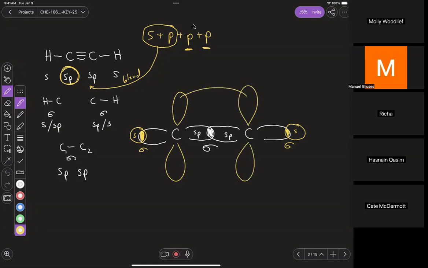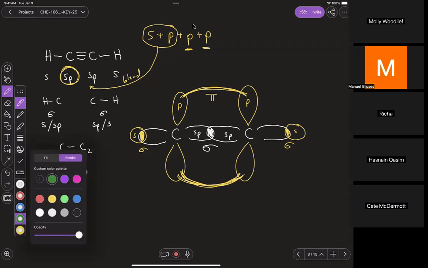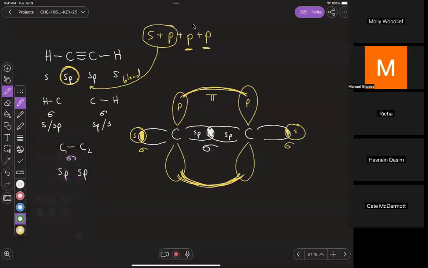So here's one p orbital. It's going to overlap above and below the plane of that sigma bond. So there's one pi bond, p orbital to p orbital. The next one's going to be a little bit harder for me to draw, because it should be kind of coming out of the page toward us.